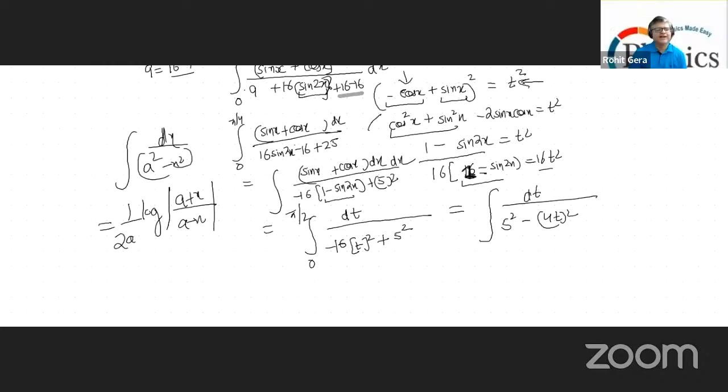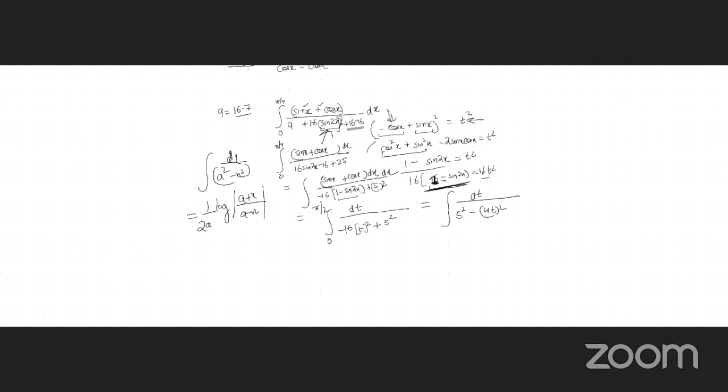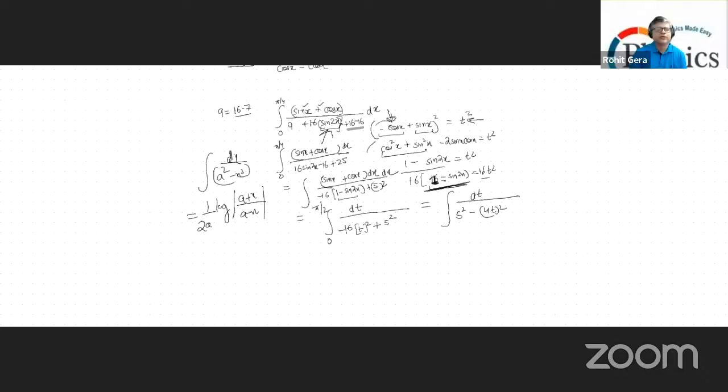So this was slightly tricky because sine 2x, if you convert it into this format, the derivative of this is available in the numerator. Minus cos x plus sin x is equal to t.